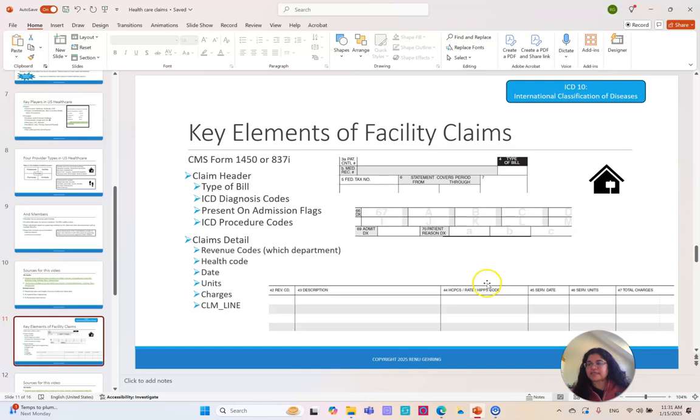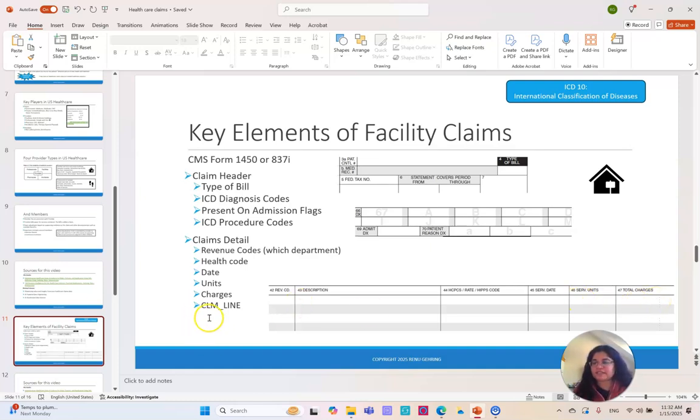And let's again not worry about it so much, but let's just say that this is for invoicing. So for example, if it's ER, revenue code will correspond to ER. And then the HCPCS code will correspond to what was done. And then there's a date, the number of units, and the total charges.